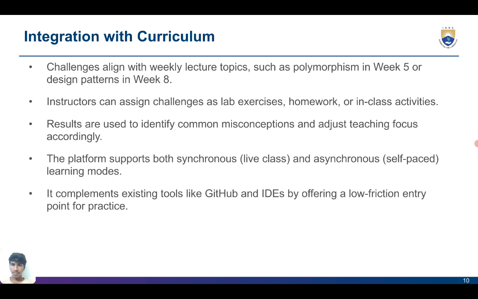Results are used to identify common misconceptions and adjust teaching focus accordingly. The platform supports both synchronous live class and asynchronous self-paced learning modes. It complements existing tools like GitHub and IDEs by offering a low friction entry point for practice.